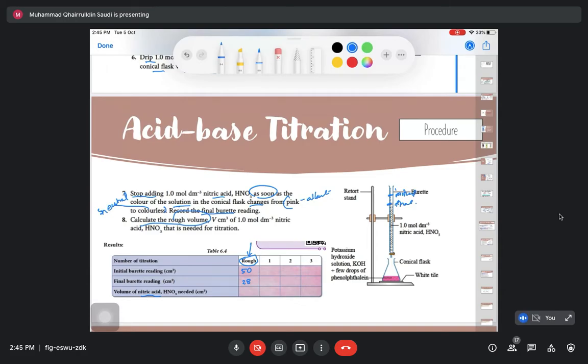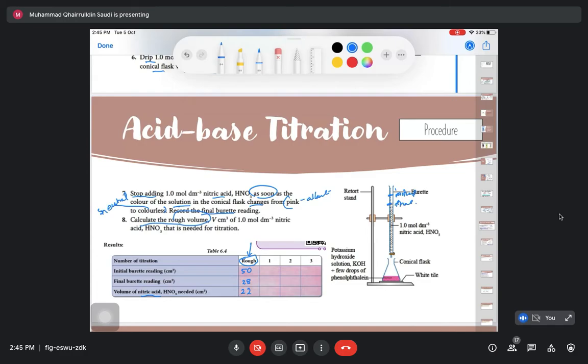So the volume of 1.0 mol per dm³ of nitric acid needed to neutralize our 25 cm³ of potassium hydroxide is 22 cm³. Okay, 22 cm cube. So you write it down at the rough.